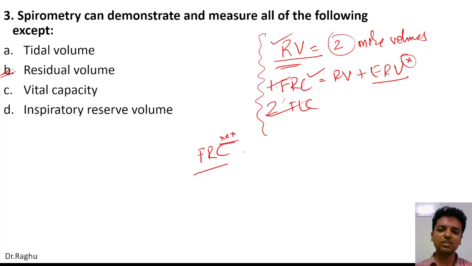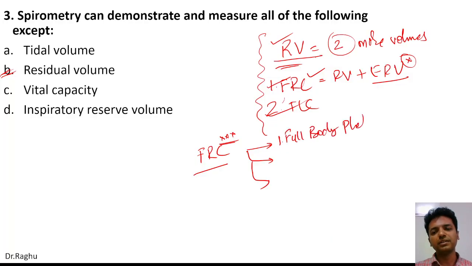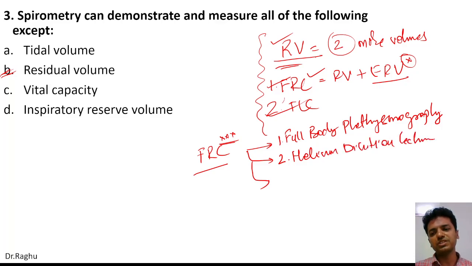To measure the functional residual capacity, this capacity is important. Sometimes we have to measure it. We use three important techniques. One is called full body plethysmography. This is the preferred technique. Second is called the helium dilution technique.